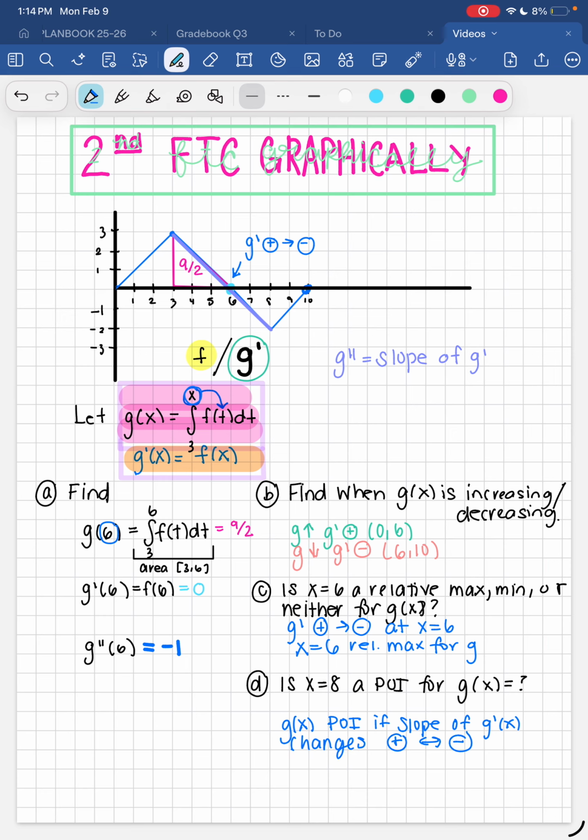So if you look here at 8, my slope is going from a negative slope line to a positive slope line. So 8 is in fact a point of inflection. So we're going to say yes, g prime of x slope changes, I like to say from negative to positive. Okay?